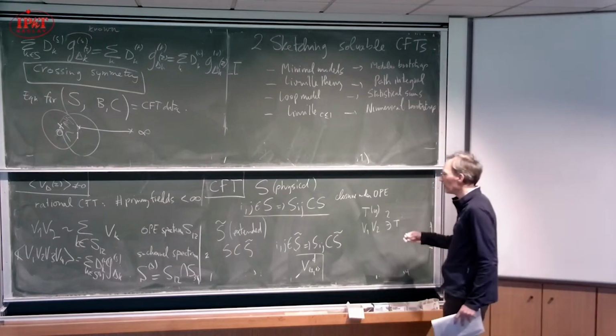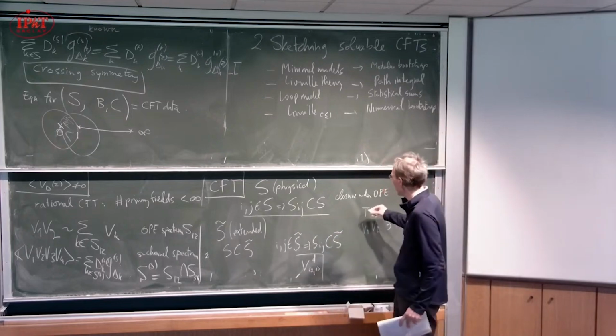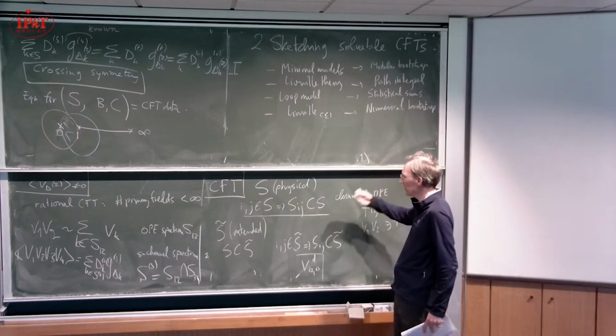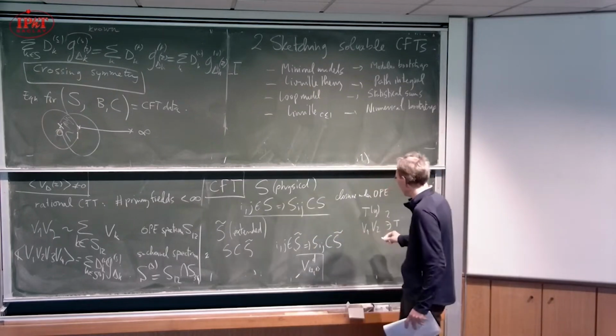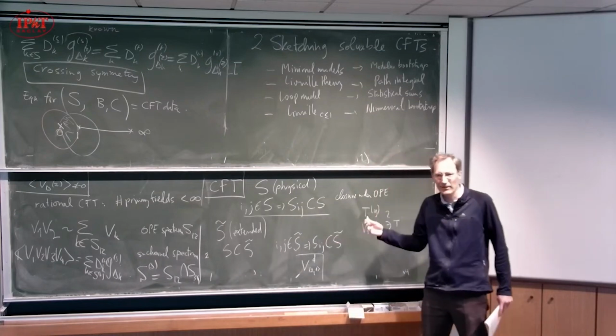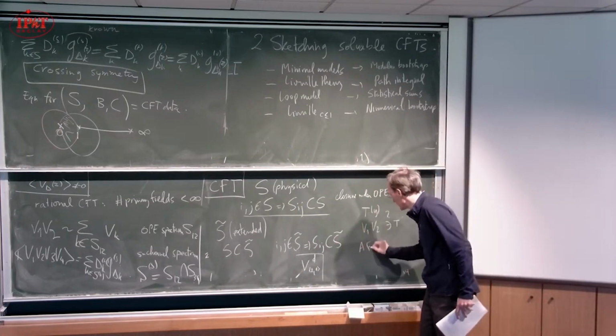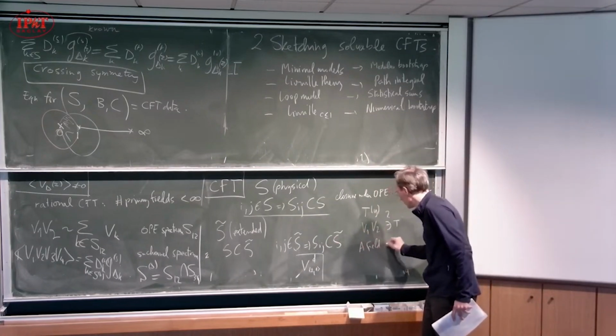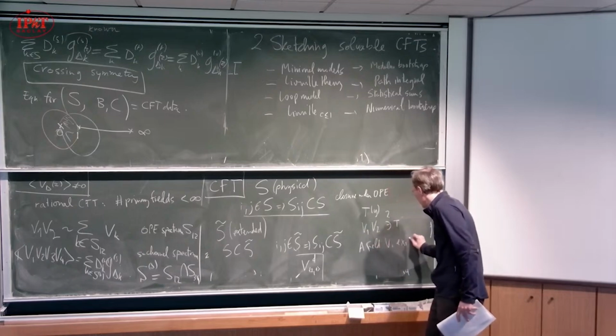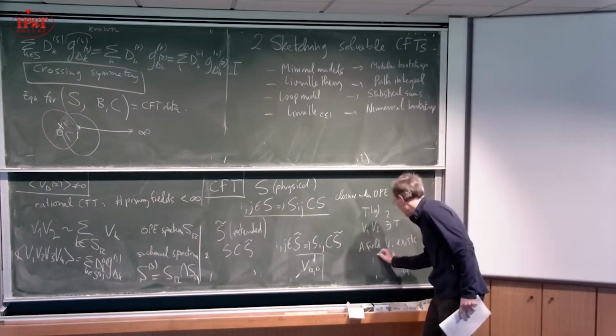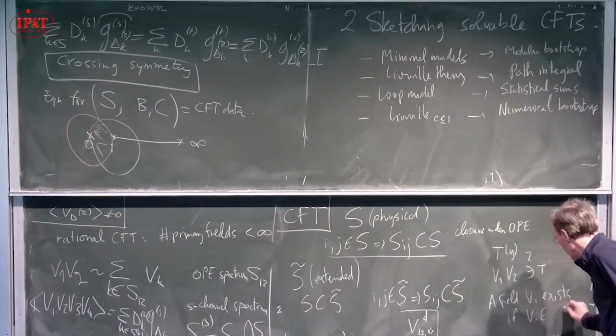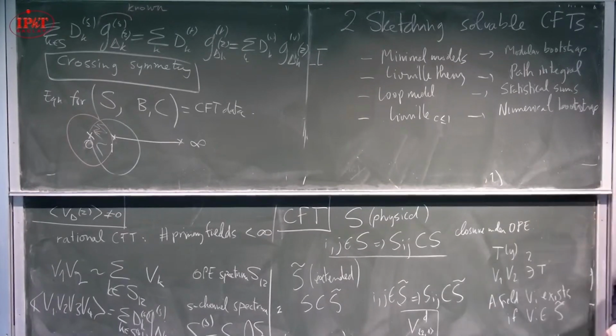So if you want, there are two notions. A field is physical if it belongs to the physical spectrum, and a field exists if it belongs to some extended spectrum. And you can also define a general notion of restricted spectrum, which is your spectrum where you remove fields such that the CFT remains consistent on the sphere.